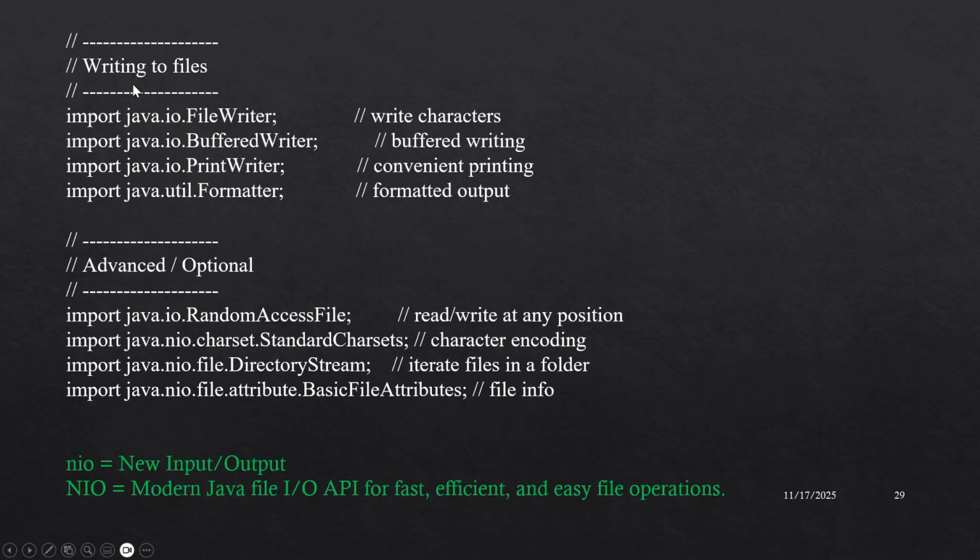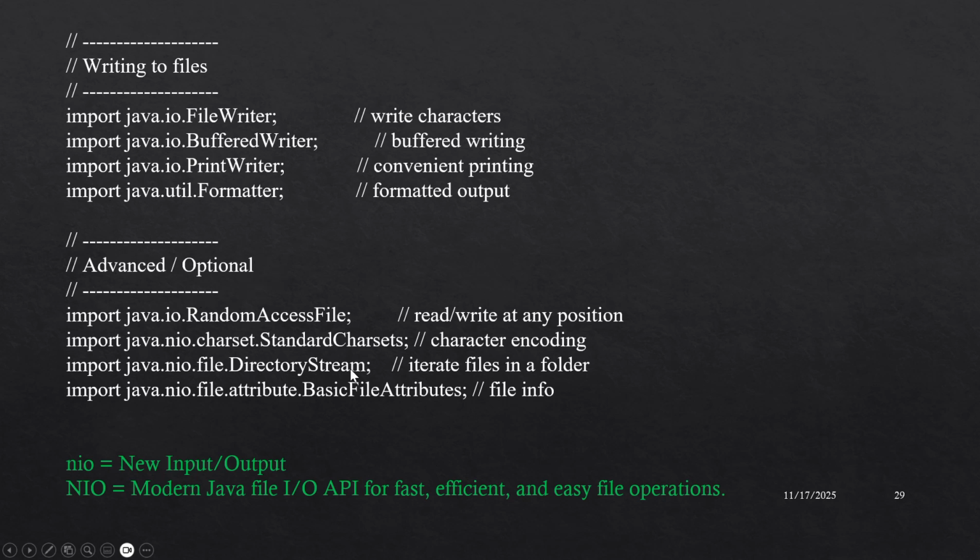And here are those included for writing to files. When you try to write something in a file, you have to use these imports: java.io.FileWriter and java.io.BufferedWriter. BufferedWriter and BufferedReader I will explain later. Import java.io.PrintWriter and Formatter will also be needed.